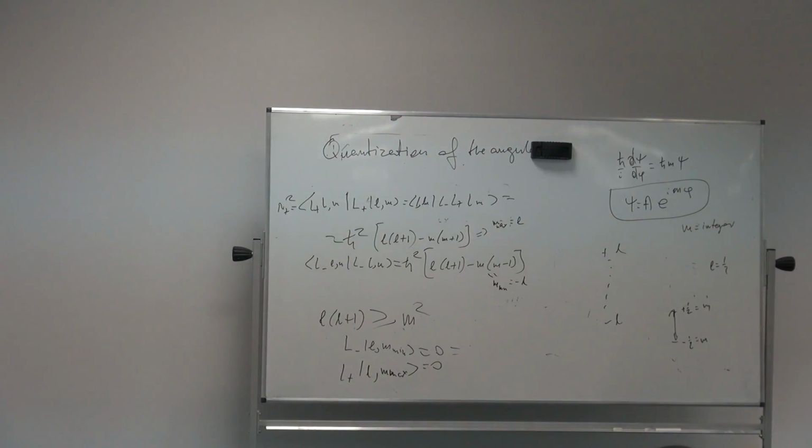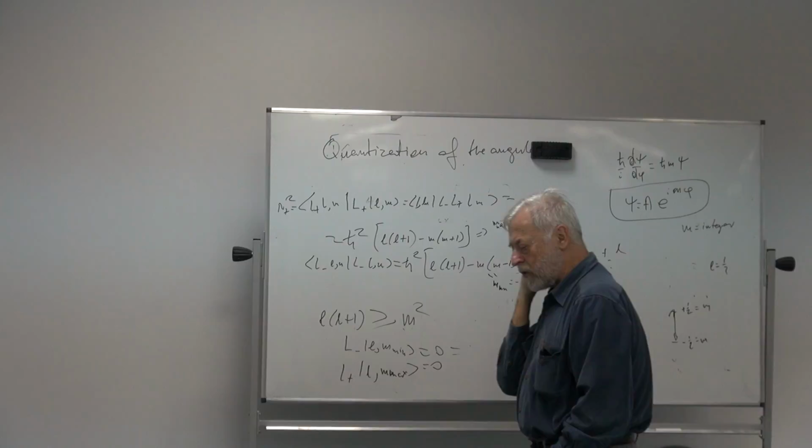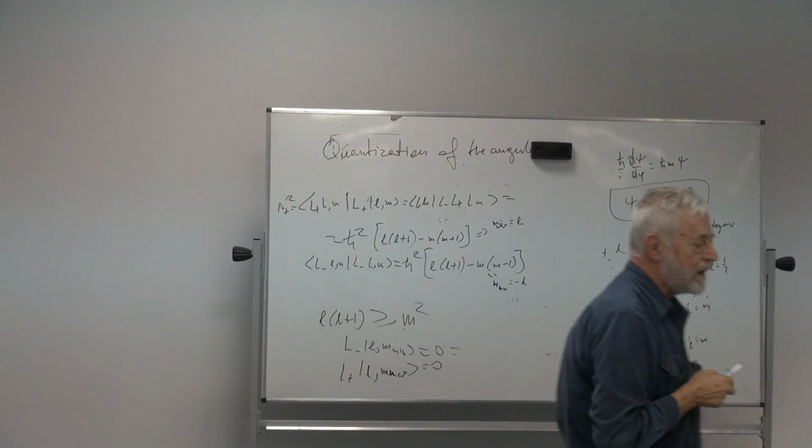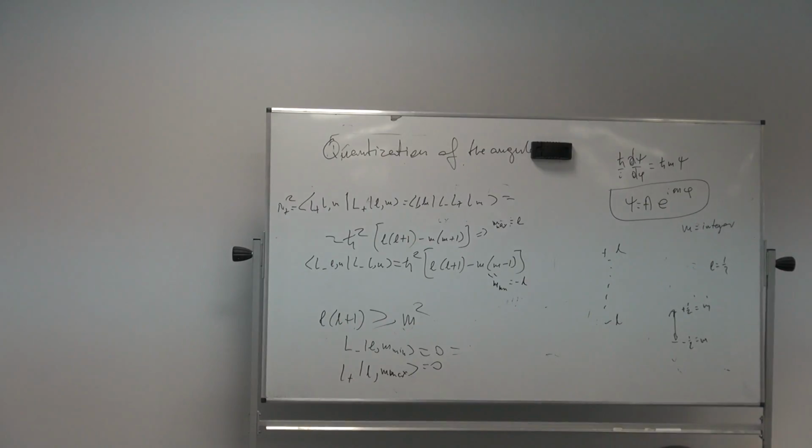There is a slightly more abstract or mathematical way of telling what we have done here and what we found out here. Rotations form a rotational group. Mathematicians call it O3.